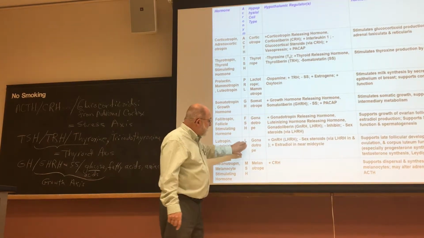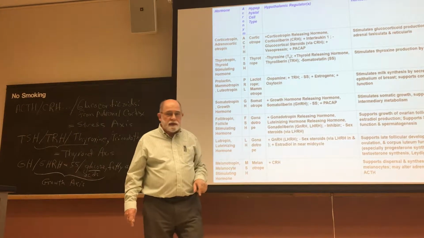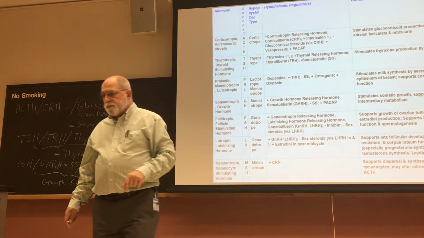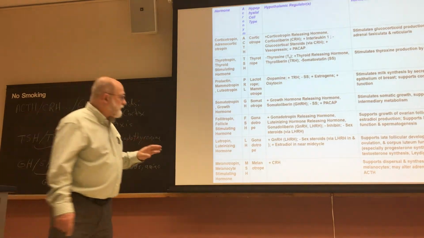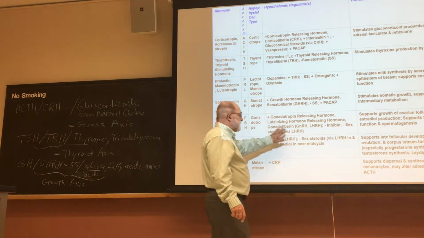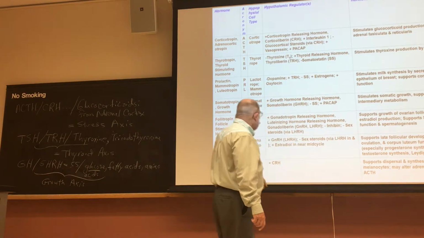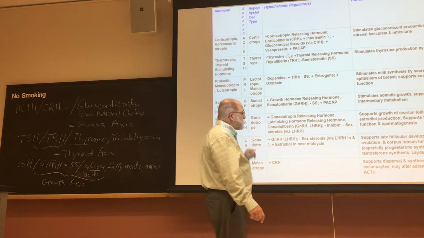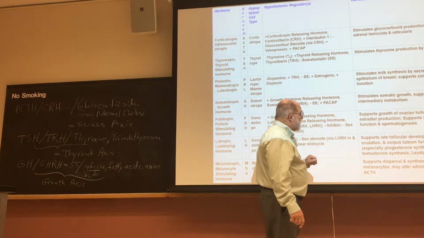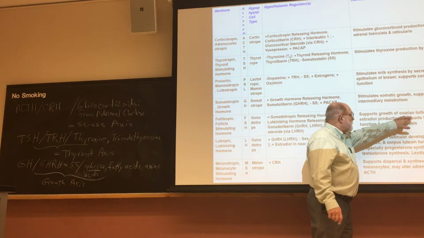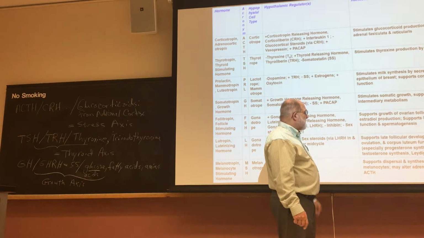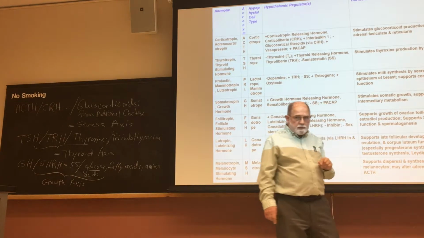Notice that isn't occurring down here with the gonad or the LH. That's got the other common controls, but the inhibin is unique. Okay. FSH, follicle stimulating hormone, is going to support the early growth of ovarian follicles and estradiol production by those follicles.